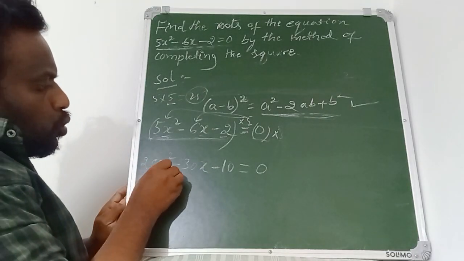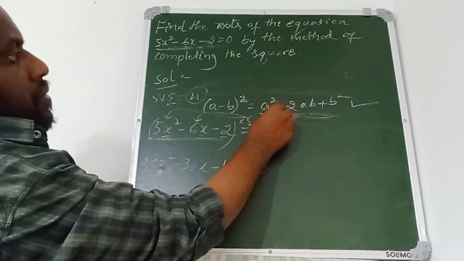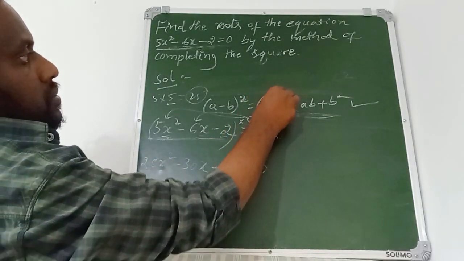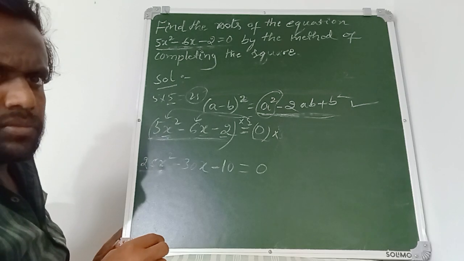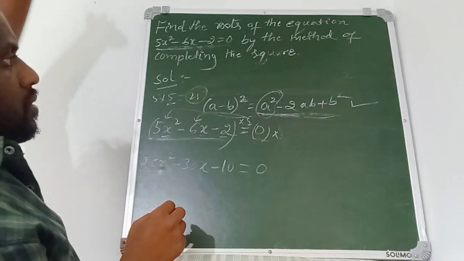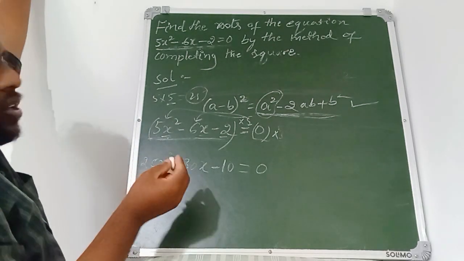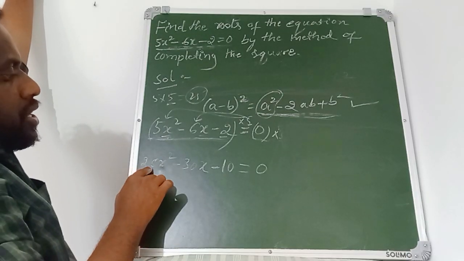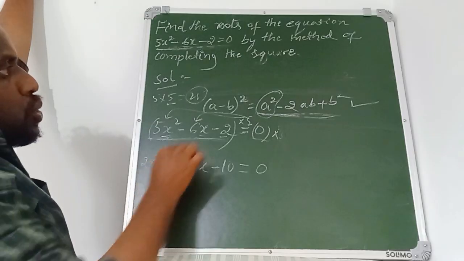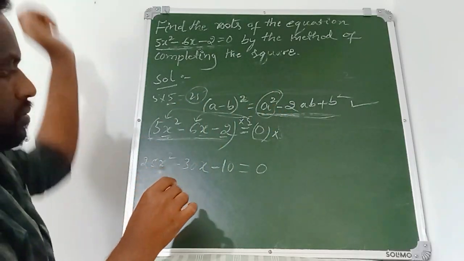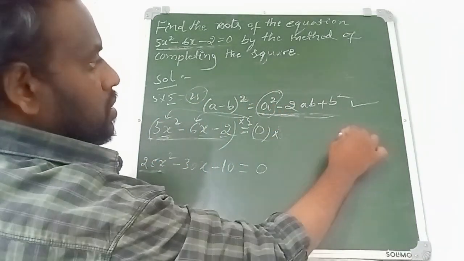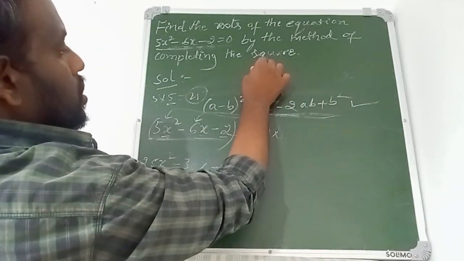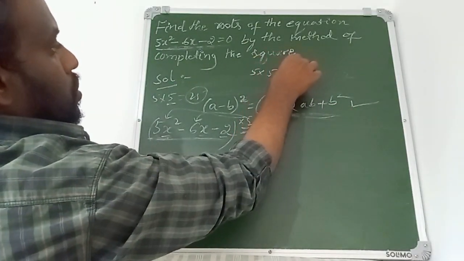Now this whole thing should be in the form of a square. Here only x is in the form of x square. We have to make 25 also in square form. How can we make it? See, 5 into 5 is equal to 25.